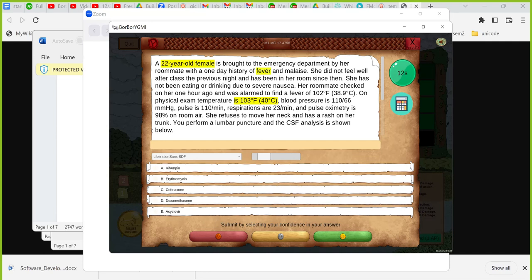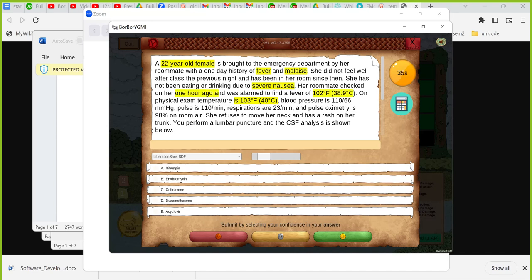A 22-year-old female is brought to emergency department by her roommate with 1 day history of fever and malaise. She did not feel well after class the previous night and has been in her room since then. She has not been eating or drinking due to severe nausea. Her roommate checked on her 1 hour ago and was alarmed to find a fever of 102.